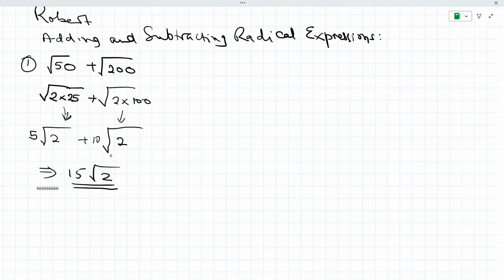All right. Now let's look at a second example, which is a little bit more complex, but still follows the same procedures.